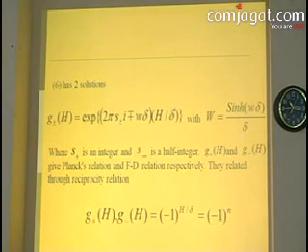If s is 0, we get the usual Planck case, and if s is an integer, even or odd, we get two functions. For s an even integer, we call it g plus.